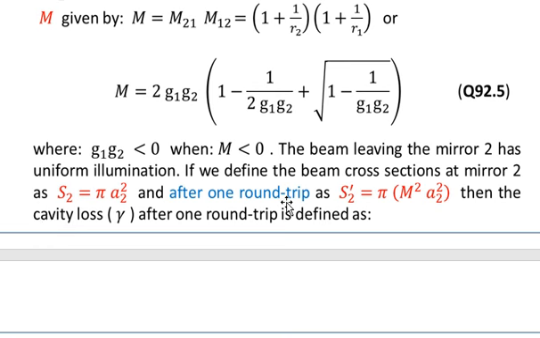And after one round trip, at the location of mirror 2 we have the area S2 prime, which is equal to pi multiplied by m square times A2 square. Since we are talking about the area, m stands for the magnification for one transverse dimension, and for the area dimension we have m square.